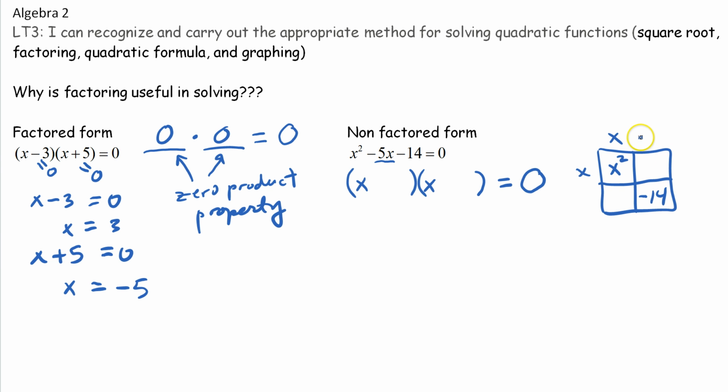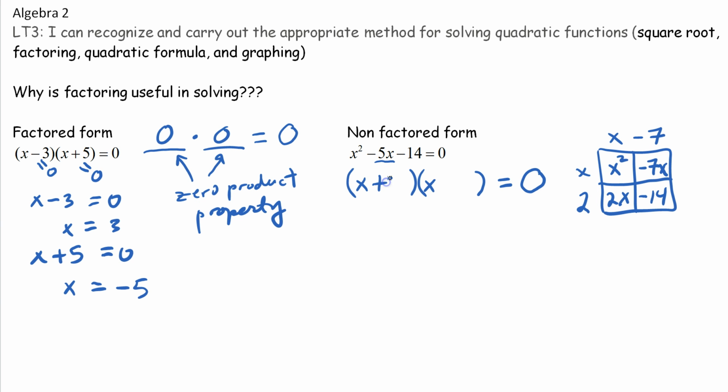So I'm going to go ahead and say negative 7 and a positive 2. I know that would give me negative 14. And then in the top right box I would have negative 7x, and the bottom left I would have 2x. All together, that would give me a negative 5x. So I can see that that's going to be my factor.